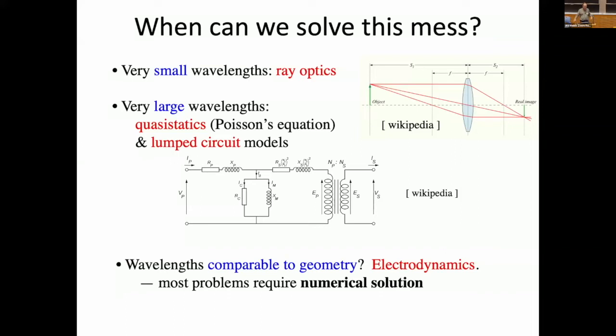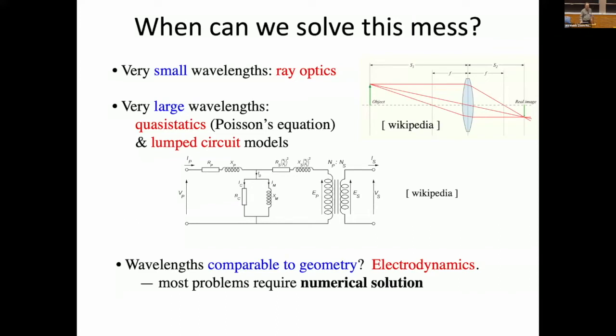The wave nature drops out, and famously this is the regime where you can just use lumped circuit models, resistors, capacitors, and so forth. You don't have to worry about waves bouncing back and forth between the walls of a capacitor. It's just a quasi-static field in there. The hard case where you need full electrodynamics is where the wavelengths are comparable in size to the geometry. In most cases there, if you want to solve it, you need a numerical solution.